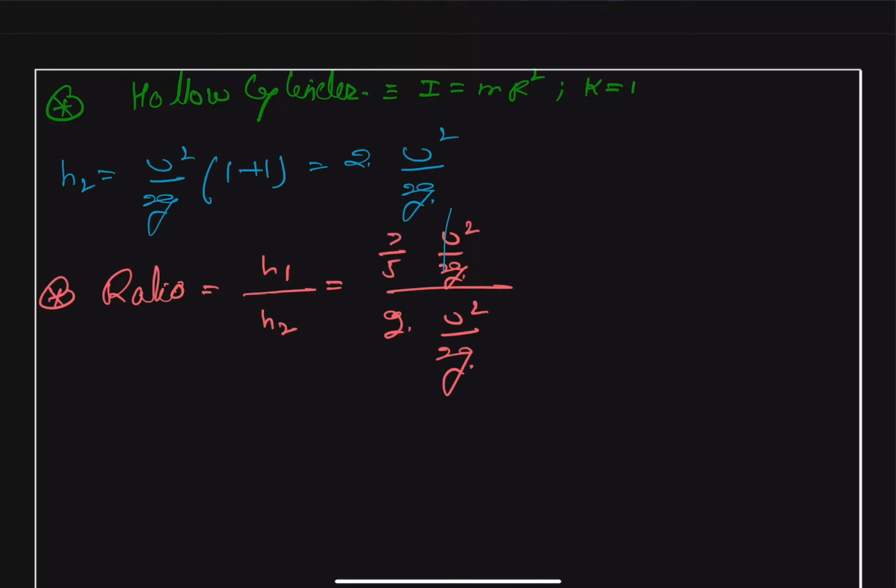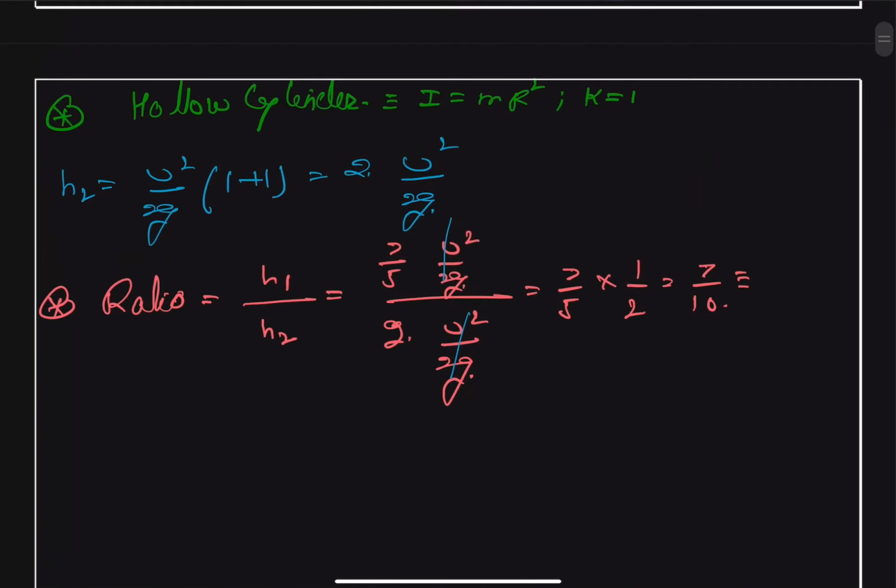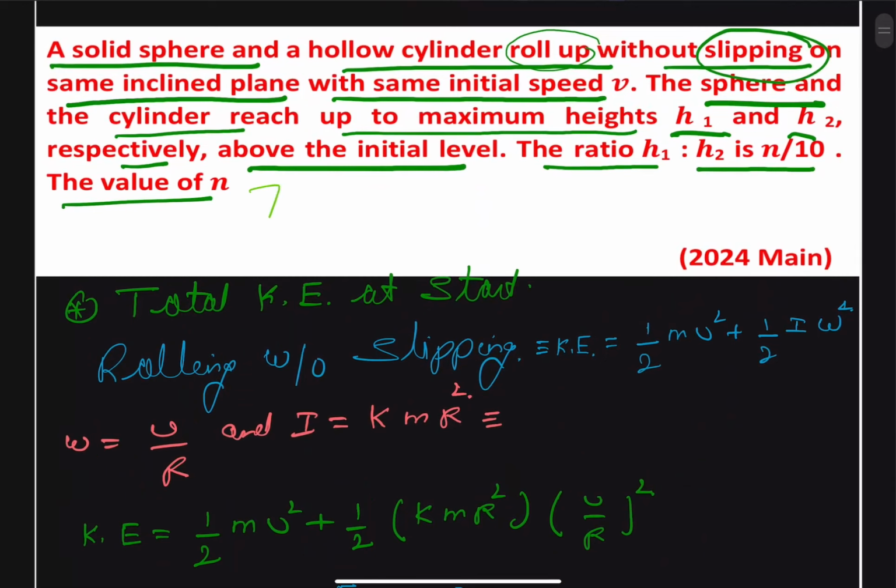This v square by 2g cancels out, and we get 7 upon 5 multiplied by 1 by 2, which gives us 7 upon 10, and this is given to us as n upon 10. Therefore we can say that the value of n is equal to 7. So the value of n is 7. Next question.